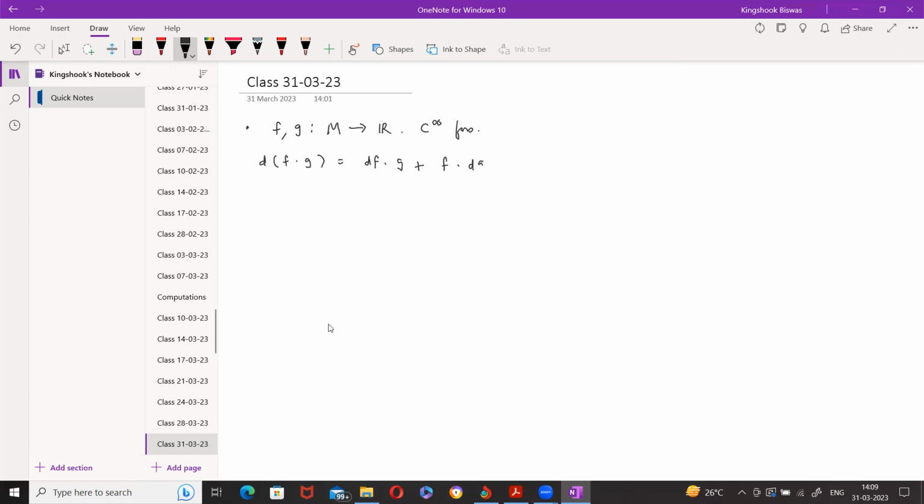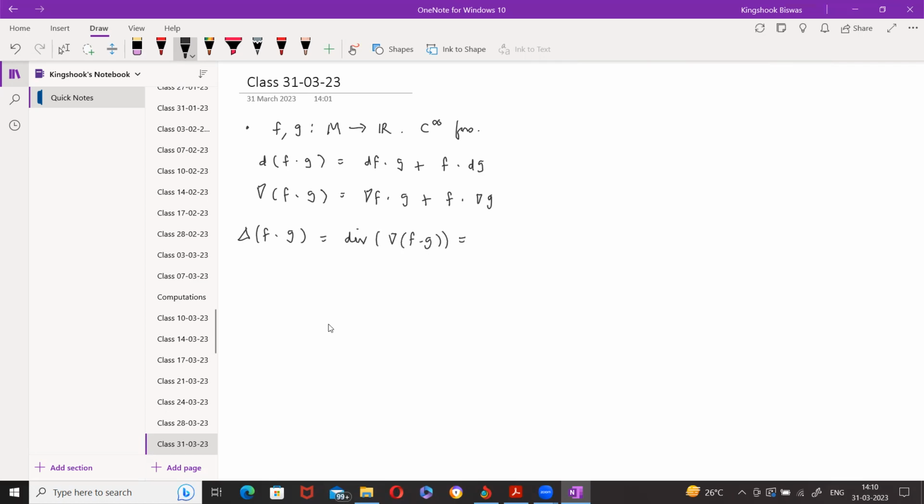And so that means the corresponding gradient of f times g will be gradient f into g plus f into gradient g. And so the Laplacian of f times g is the divergence of the gradient of f times g.